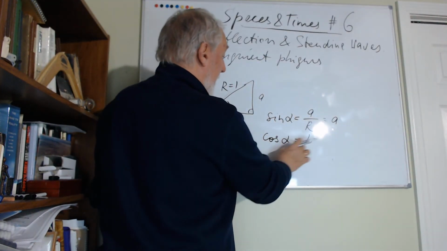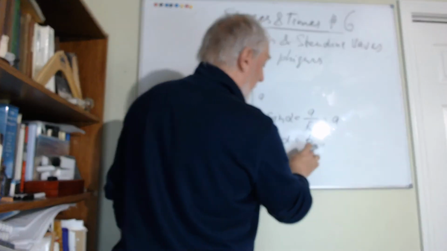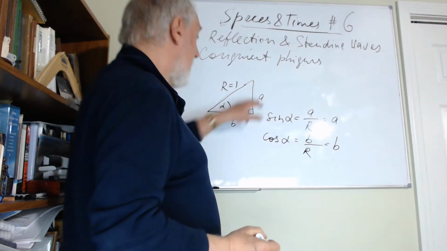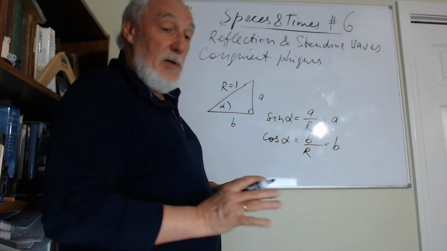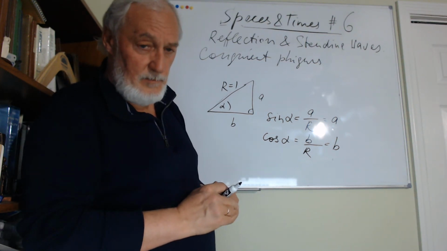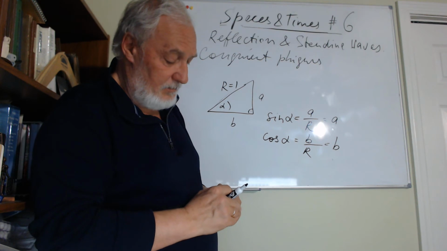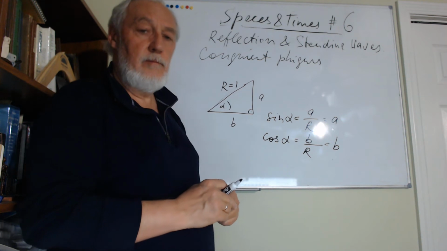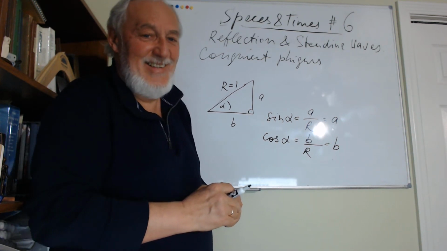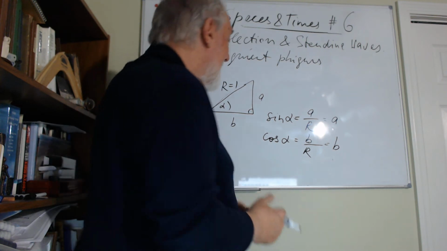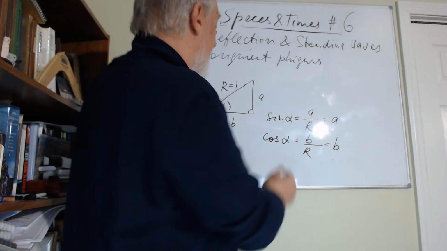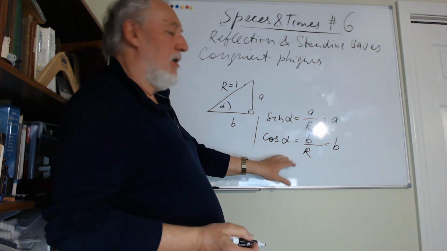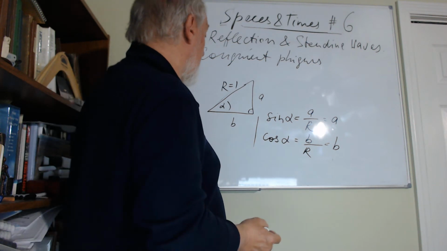And cosine is the adjacent leg divided by R, so again it's B. Those are the definitions of sine and cosine. Just remember this if we didn't talk about it.